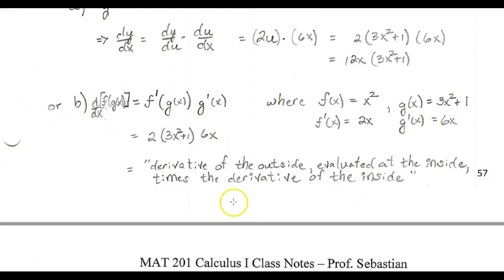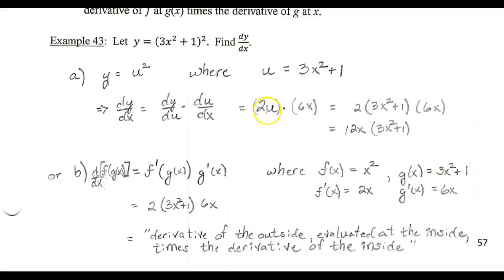All right, so then if I think about it in terms of Newton's notation, the derivative with respect to x of f of g of x is f prime of g of x times g prime of x. So in our case, my f of x is x squared, because f of g of x would mean take g, plug it in everywhere you see an x in f of x, right?